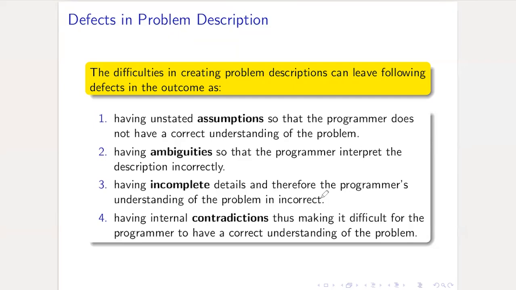And there may be contradictions in what the programmer documents as the requirements. Contradictions are basically requirements specified as part of the problem that do not tally. These kinds of contradictions would make it very difficult ultimately to develop a good understanding of the problem.